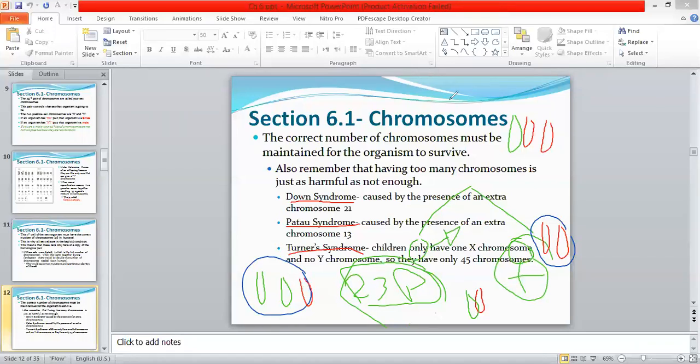You take both chromosomes from your mother and one from your father. So you have an extra chromosome number 21.